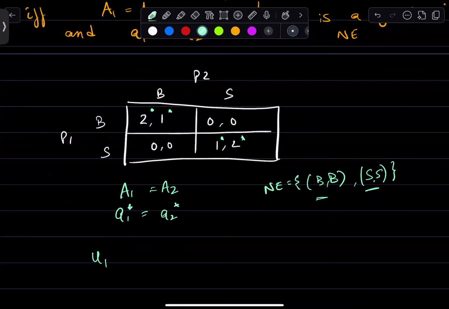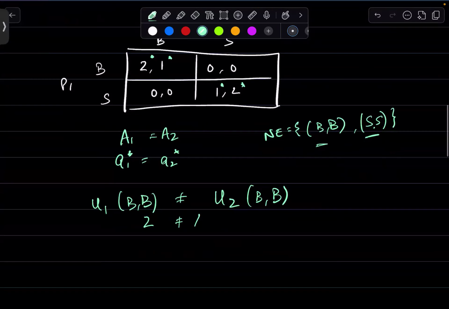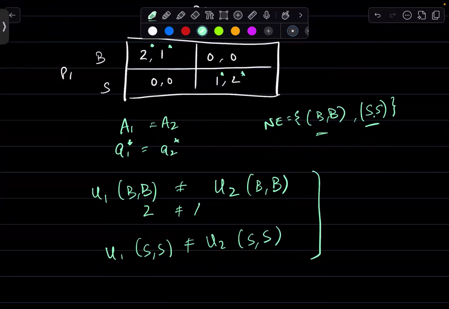But because U1 of B comma B is not equal to U2 of B comma B, 2 is not equal to 1, and the same also holds for U1 of S comma S not equal to U2 of S comma S, this game is not symmetric. These two equilibria are symmetric Nash equilibria.